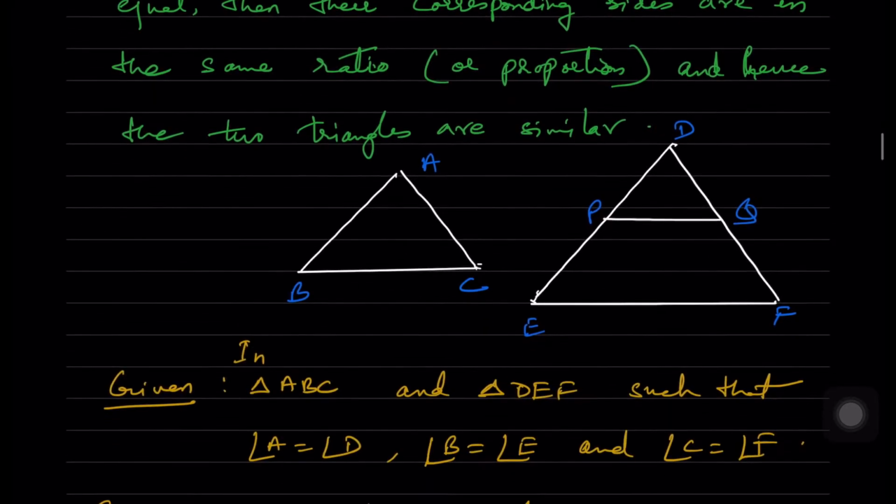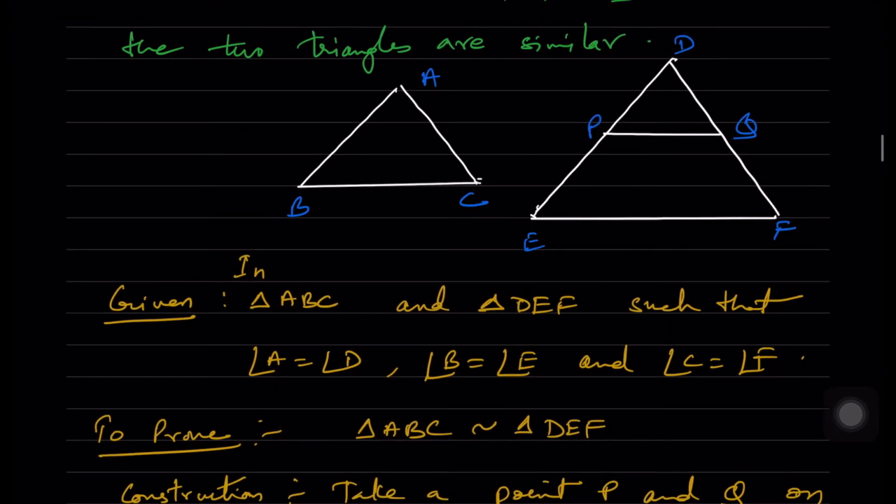Okay, so now if you are taking these two triangles, triangle ABC and triangle DEF, such that corresponding angles are equal: angle A is equal to angle D, angle B is equal to angle E, and angle C is equal to angle F. We have to prove that triangle ABC is similar to DEF.